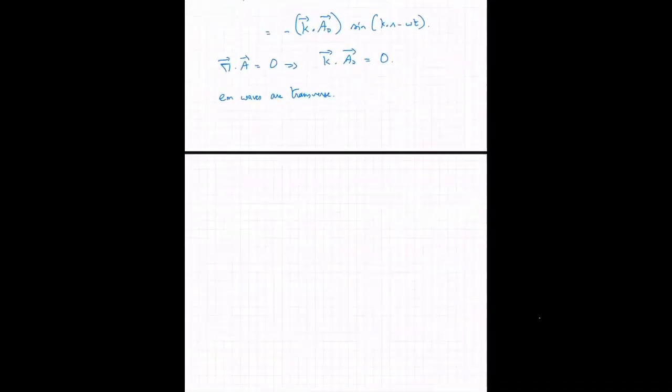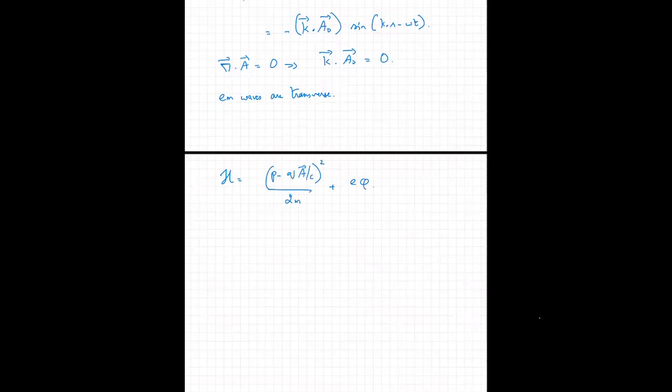This external perturbation can be derived from the classical Hamiltonian, which is given by the interaction of a charged particle with an external magnetic vector potential. And this is given by (P minus qA over c) squared divided by 2m plus e phi. And since in the Coulomb gauge phi is 0, this Hamiltonian simplifies.